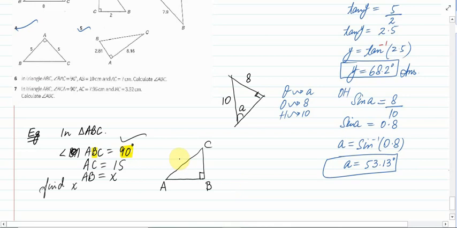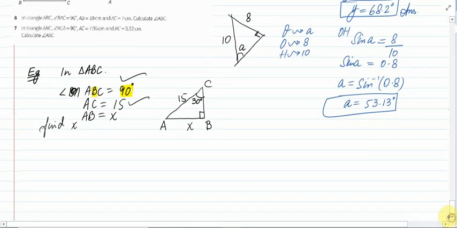The value of AC is 15, second fulfilled, the value of AB is X, third fulfilled, and we should know the value of some angle, or we should have the value of another side. So let's suppose I modified the question a bit, and instead of a side we are using this angle 30. Now you need to find the value of X. So first step, like always, after sketching you need to write the data.